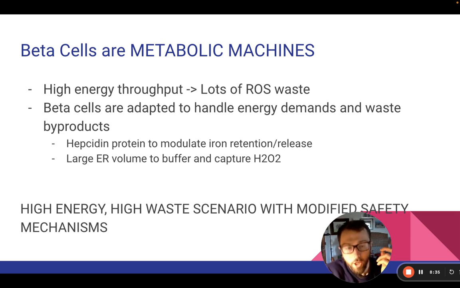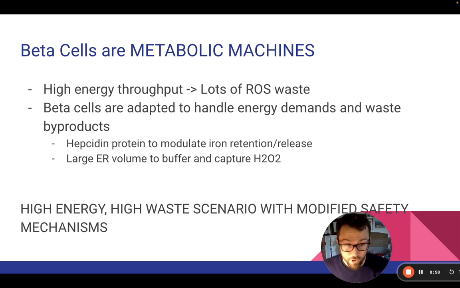So we've talked about how iron plays a role in the beta cells, how iron plays a role in the mitochondria. Iron is a very, very important catalyst in the conversion of glucose to ATP, right? So mitochondria are energy rich.